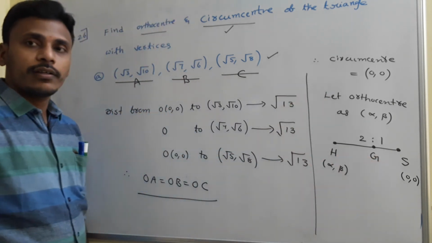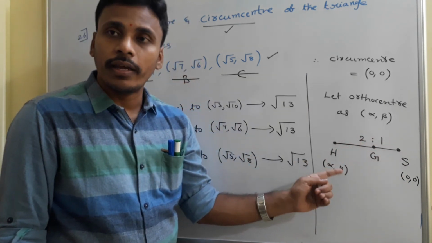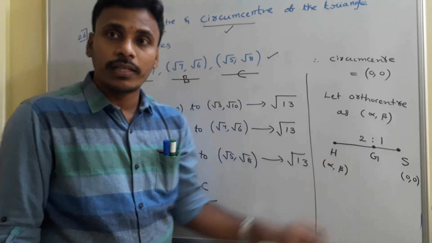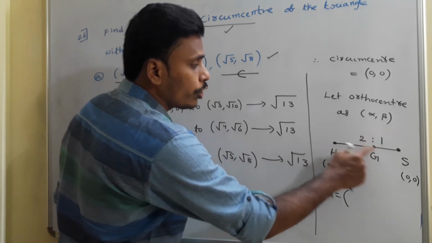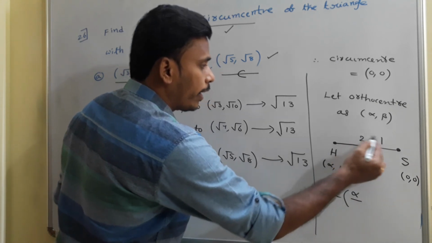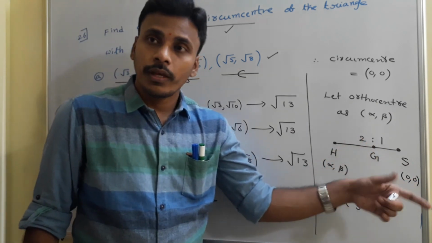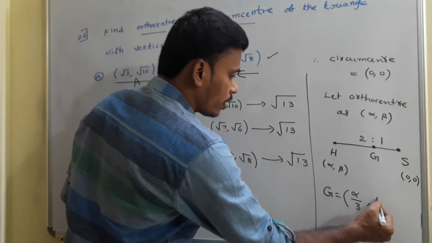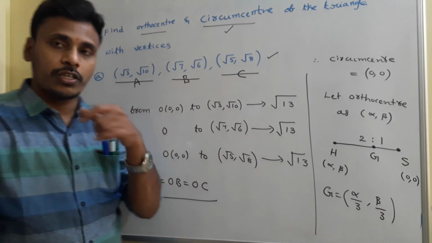Use the section division formula, (m x2 plus n x1) by (m plus n). The centroid G is (2 into 0 plus 1 into alpha) by (2 plus 1), comma, (2 into 0 plus 1 into beta) by (2 plus 1). So the centroid is (alpha by 3, beta by 3).